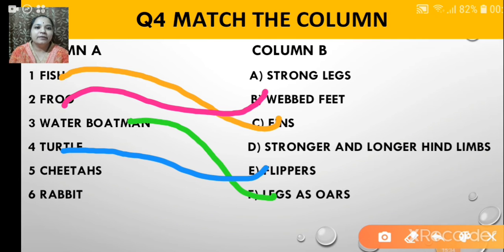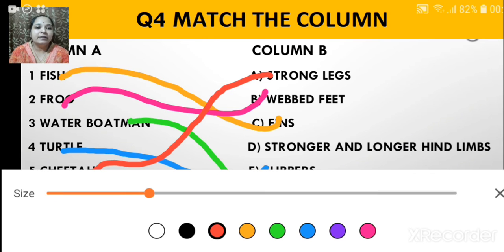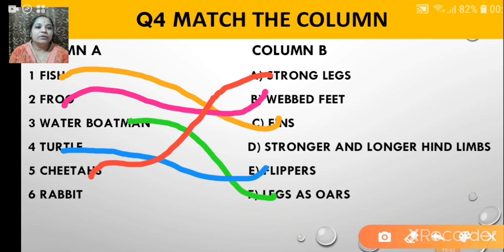So the answer is strong legs. Last one is rabbit. How does a rabbit move? The answer is strong and longer hind limbs.